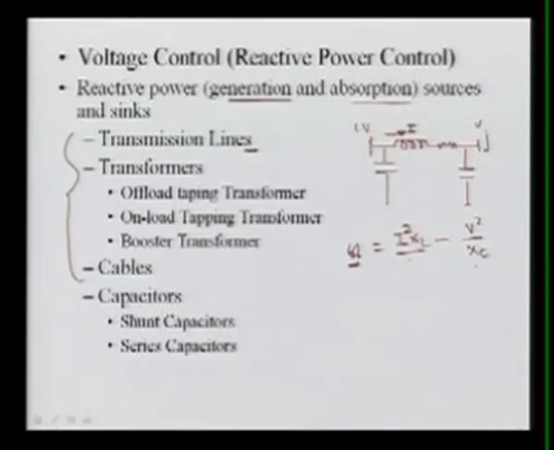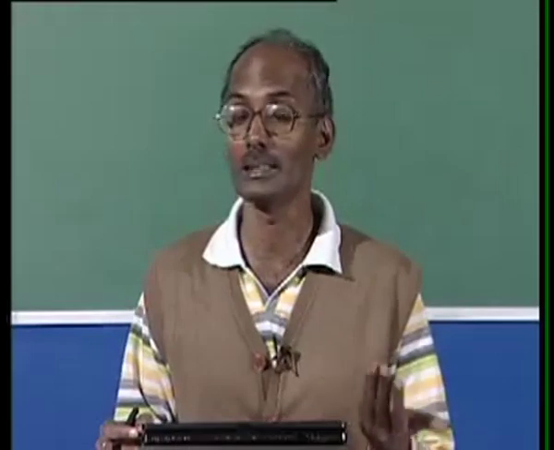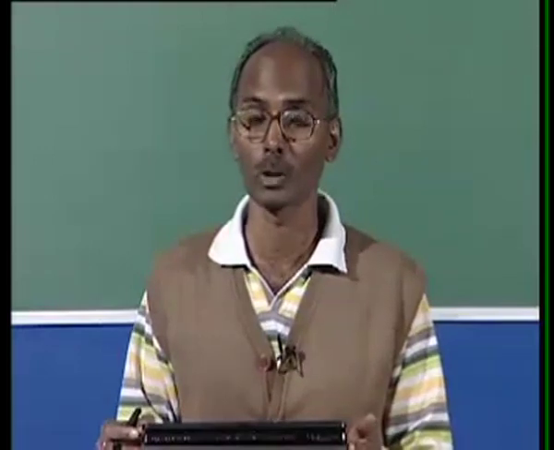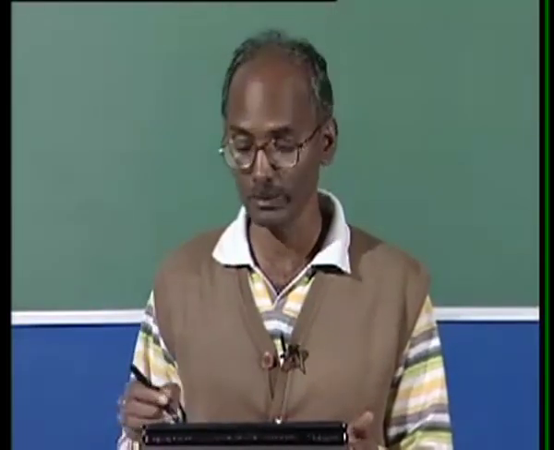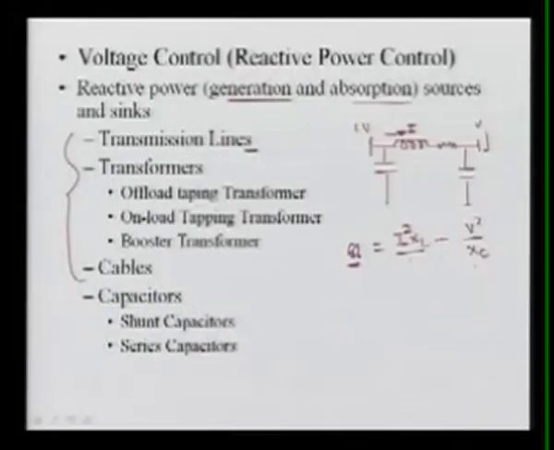So this whole Q basically depends upon the current I, and that current I, you know, is called the loading of that line. So if this transmission line is highly loaded, there is a possibility that this component will be more than that, and finally this will be positive, meaning the line will act as an absorber of reactive power.